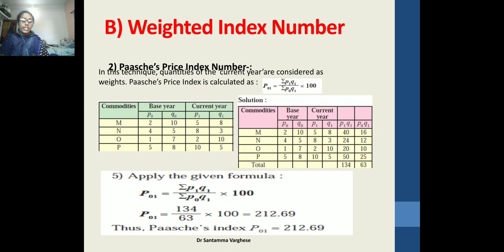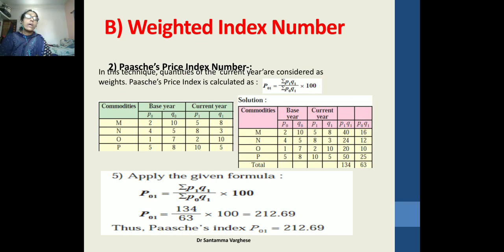P0 मतलब प्राइस ऑफ द बेस ईयर और क्वांटिटी ऑफ द करंट ईयर. So accordingly when we calculate, 2 into 8, 16; 4 into 3, 12; 1 into 10, 10; 5 into 5, 25. So 63 we got.